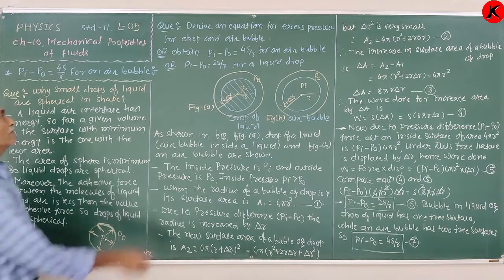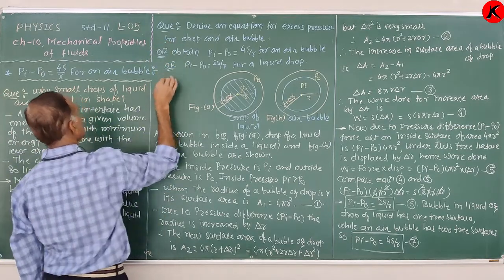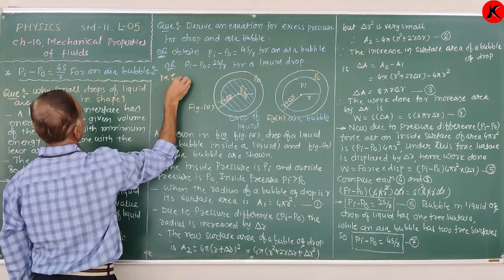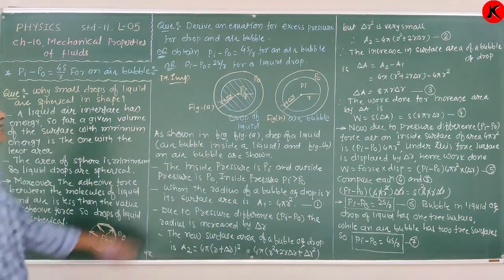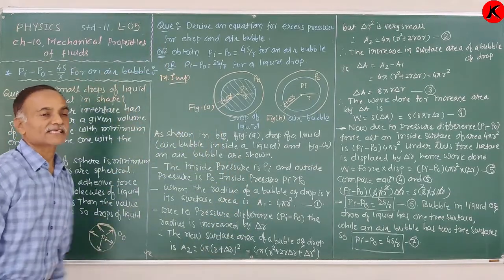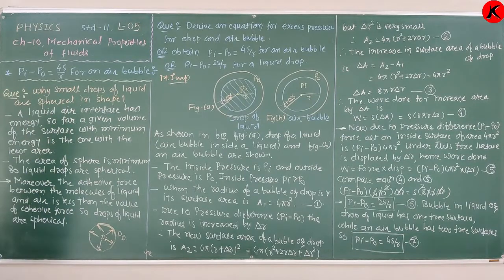So this is the most important question. This question is asked in three different manners. One is: derive the equation for excess pressure for a drop or an air bubble.